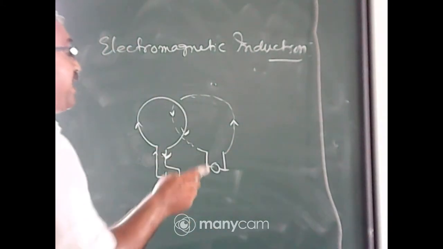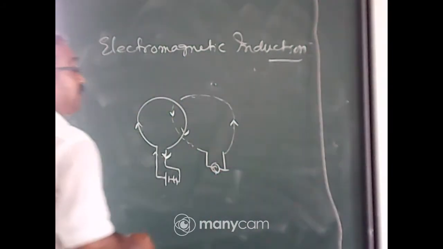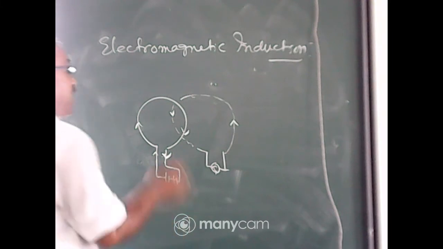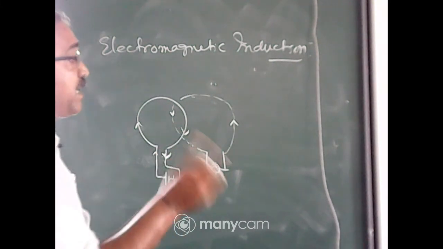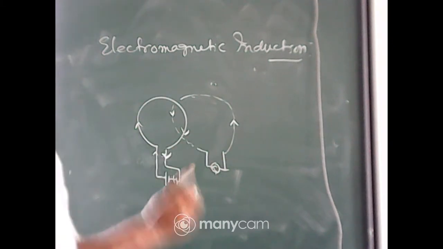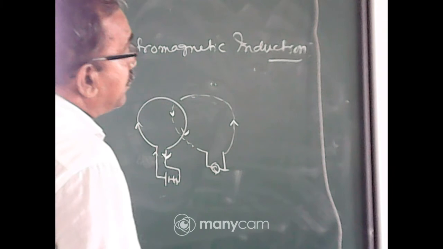This current is the induced current. If you use a galvanometer, with the help of the galvanometer, if the direction of the current is changed with the help of the battery, the deflection of the galvanometer will be opposite.